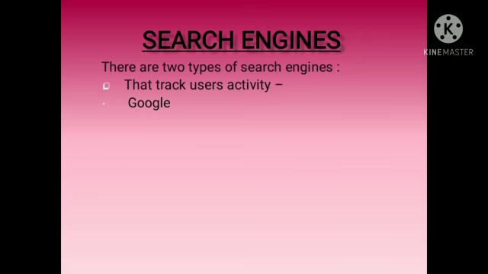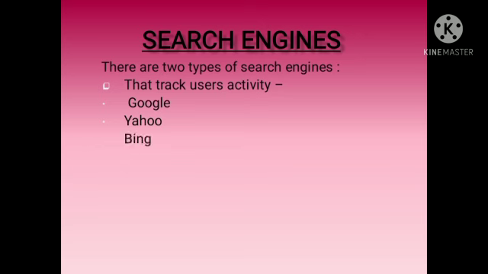And some examples of the search engines that do not track the activities are DuckDuckGo, Yippy, Startpage, and Xquick. These search engines are not going to track the user's activity. They are also used to browse and search the internet. These search engines do not track the location and other details of the users.